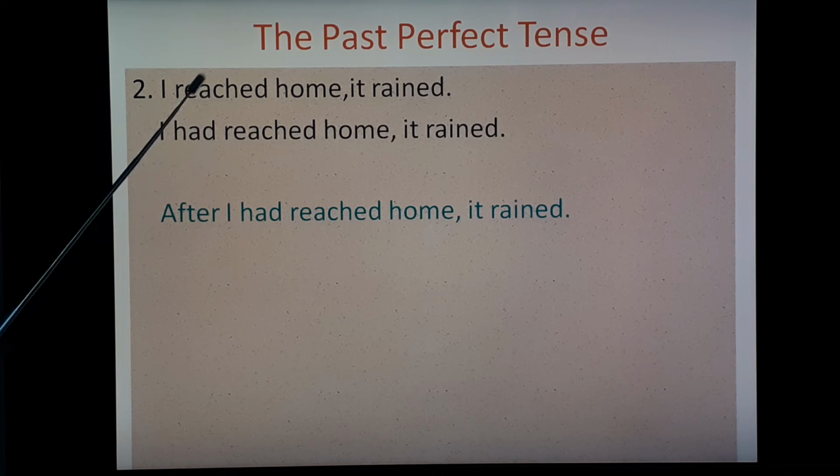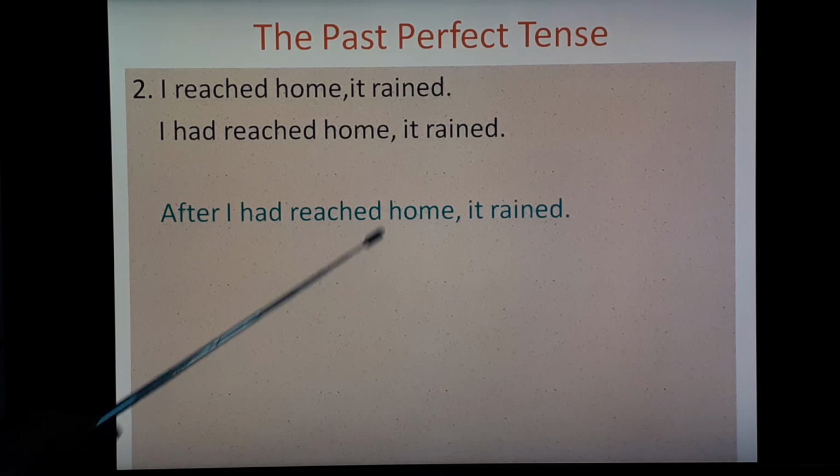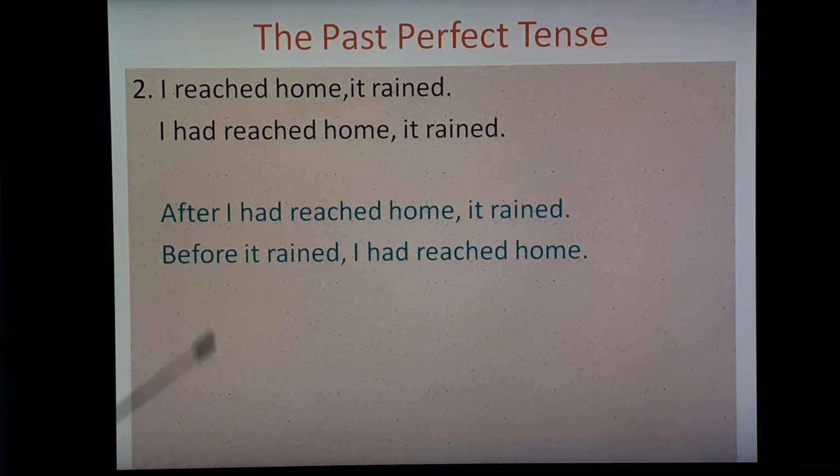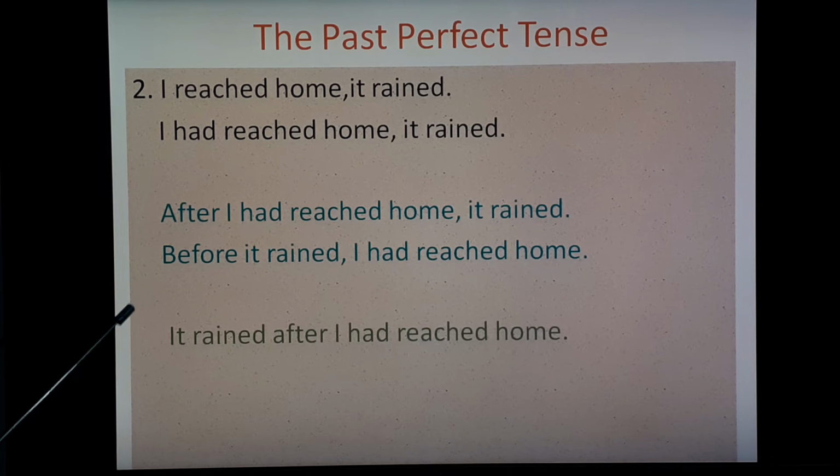Now see, after and before, where to put? So after, with the first action, after will come. After I had reached home, it rained. With the second action, before will come. Before it rained. So here with before you have to use simple past. I had reached home. Where to put here?